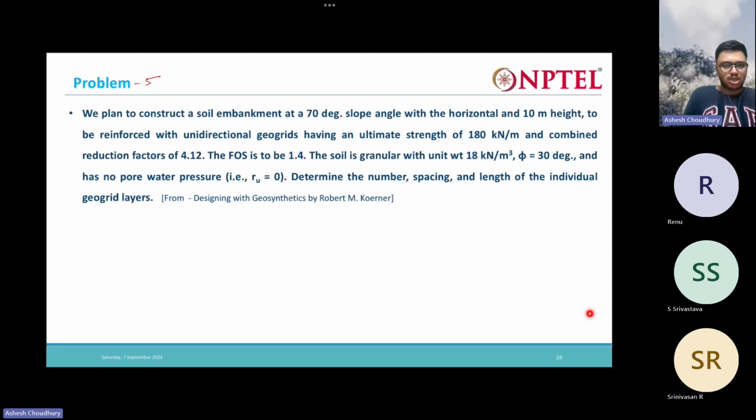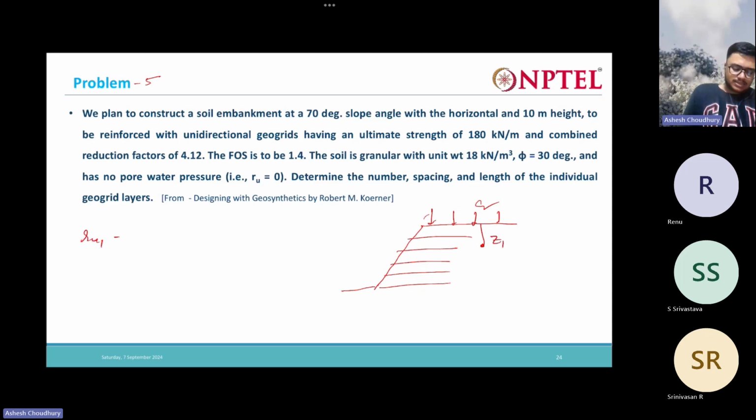So, what is this RU? Say you have a slope like this, with reinforcement layers. At any depth Z1, RU1 is nothing but U1 by sigma Z1, and again at any depth Z2, we have RU2 as U2 by sigma Z2.